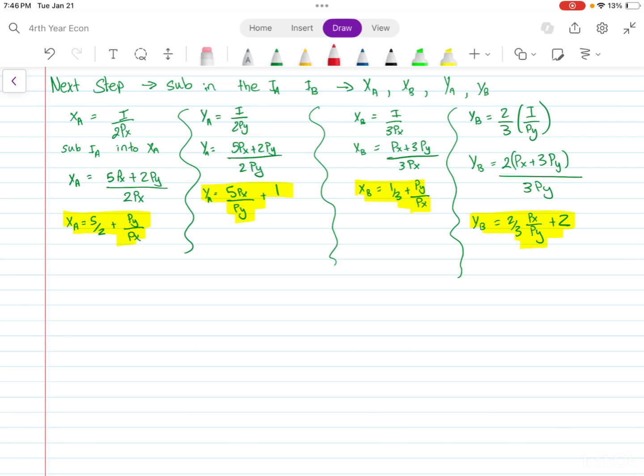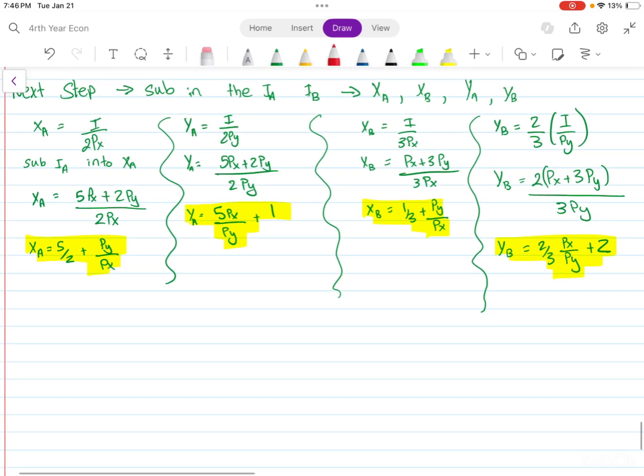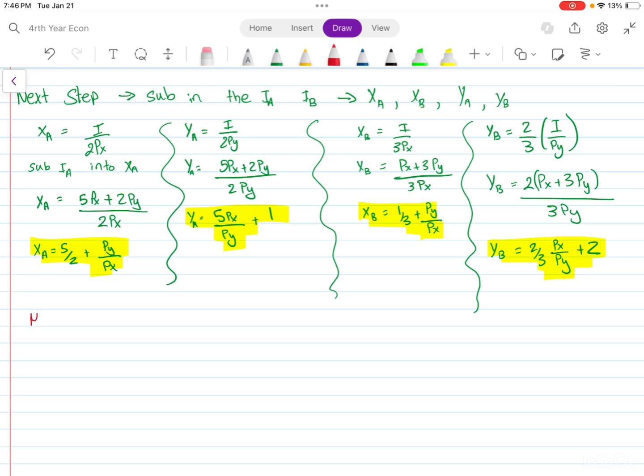Now we want to look at the market clearing condition to basically figure out how many of each unit they're willing to trade in order to achieve utility maximization. So we call this the market clearing condition for the demand functions.